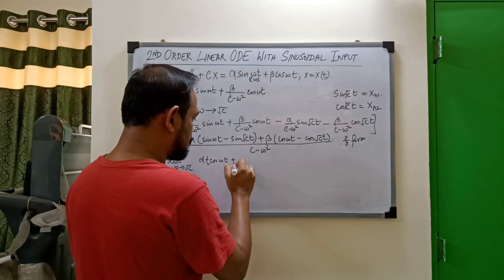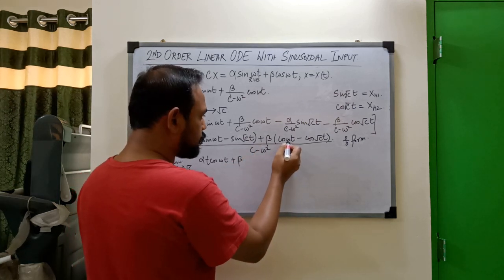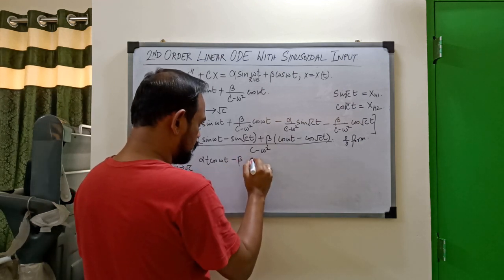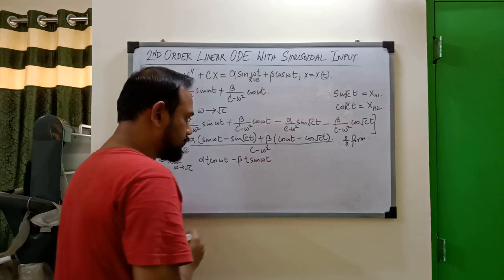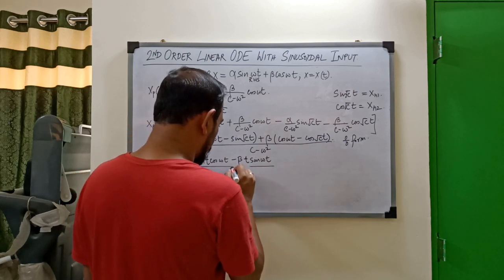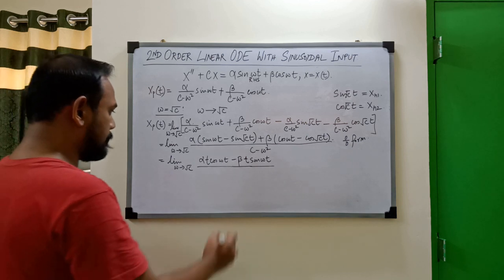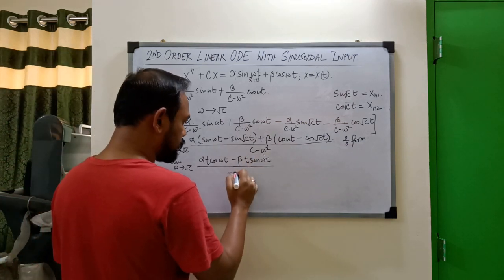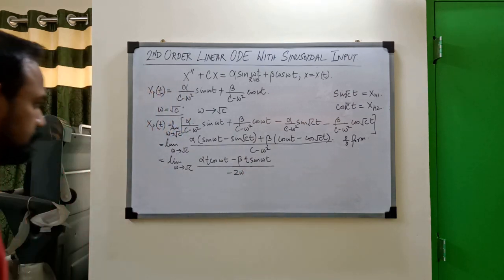Here, beta is the constant, and this will give me a minus sine omega t, but again the t will come out because t is the constant. And if you differentiate this denominator with respect to omega, you get a minus 2 omega.